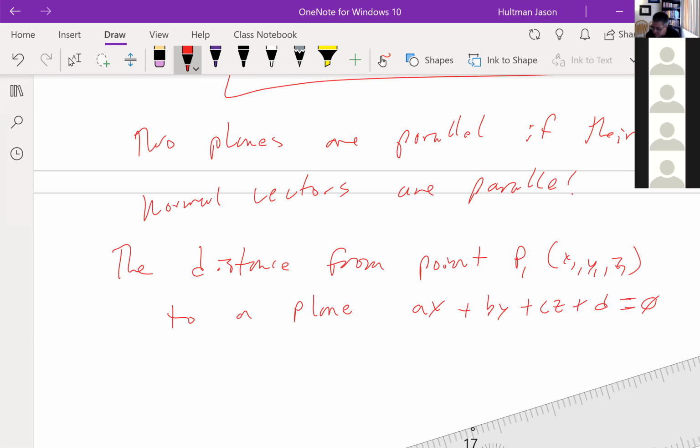Okay, so d is all of that constant. d is just this constant value that we come out with. This is the general equation of a plane.